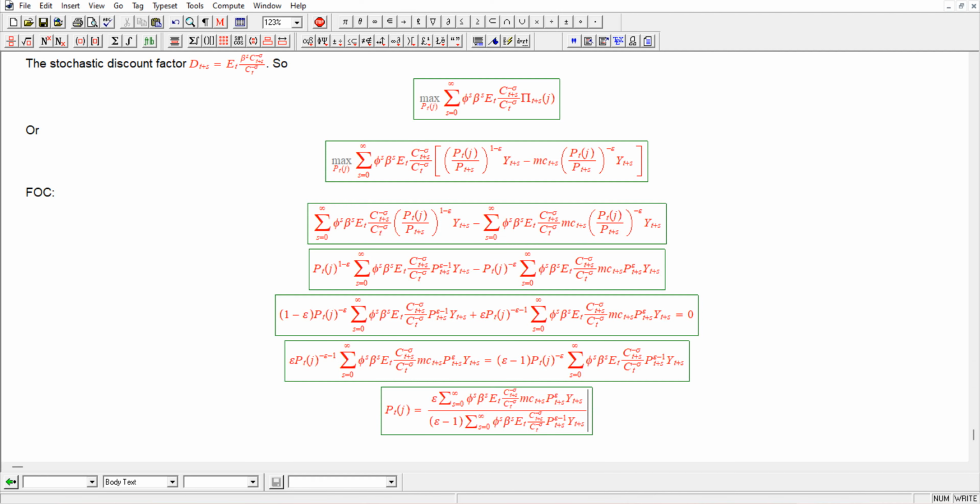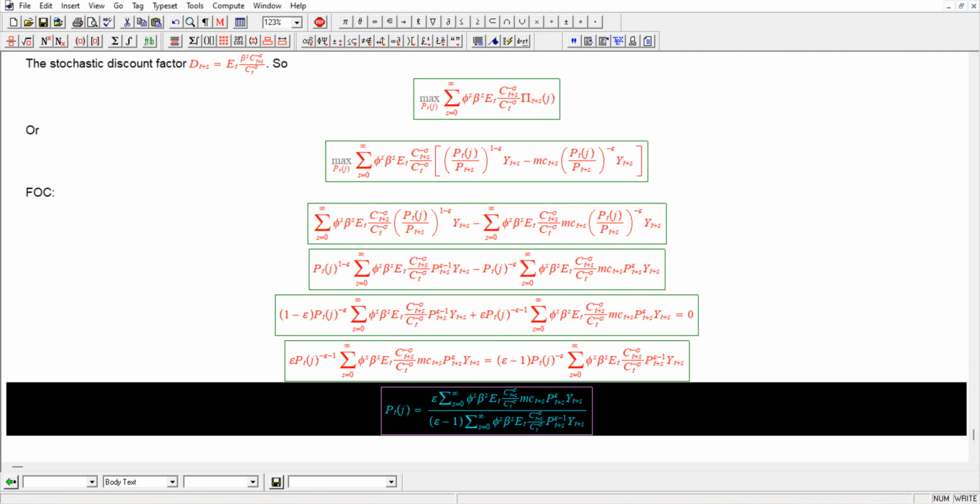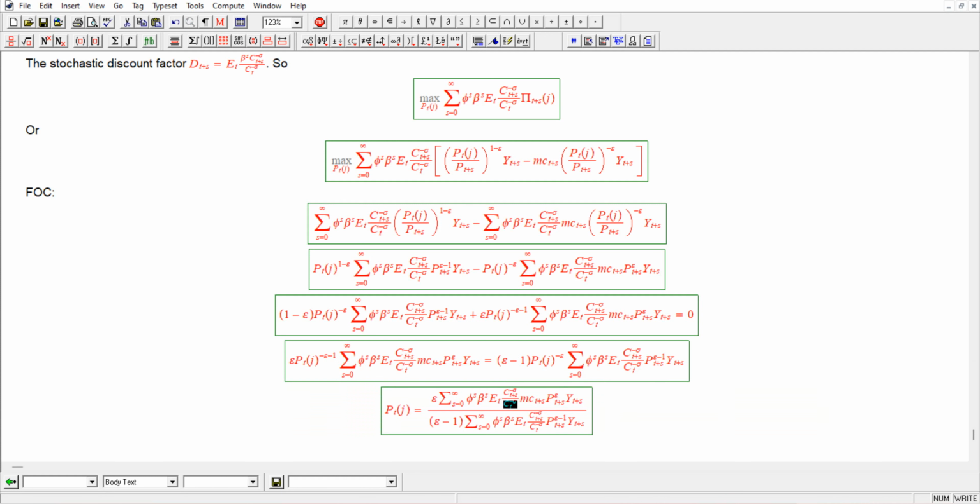One last note, notice that every single term on the top is divided by this, every single term on the bottom is divided by this, so we can cancel it and end up with an even simpler expression. Finally, we can rewrite this in the following way.